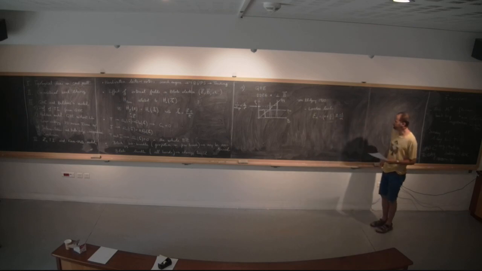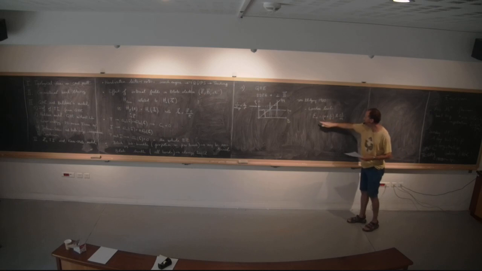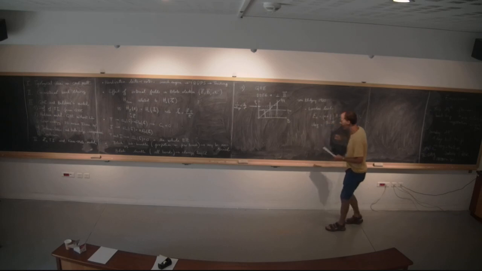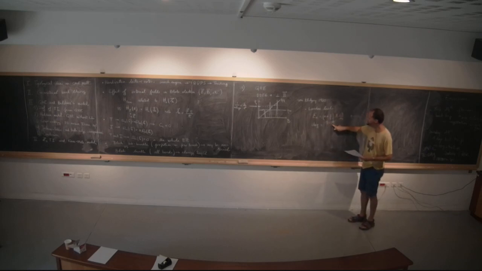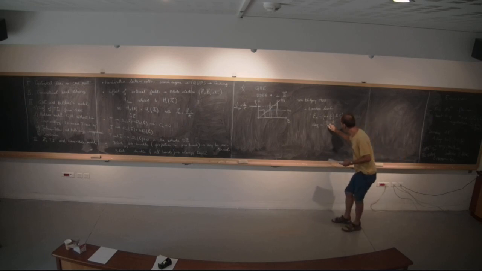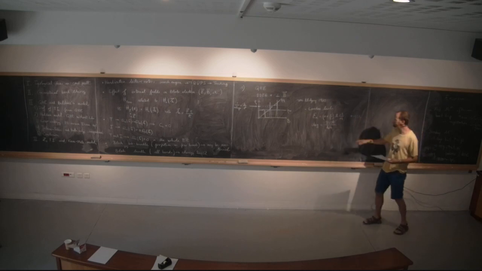And those levels are labeled by an integer n. And they are very degenerate. The degeneracy of a Landau level is given by the total flux across the system, so B times the total area of your 2D plane divided by the flux quantum. So it's a macroscopic degeneracy.